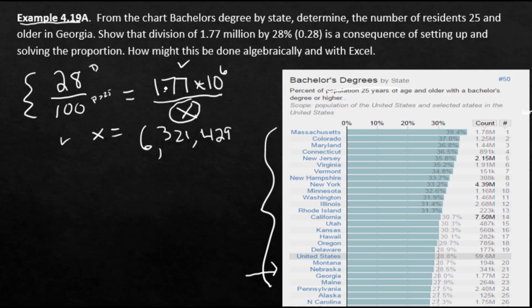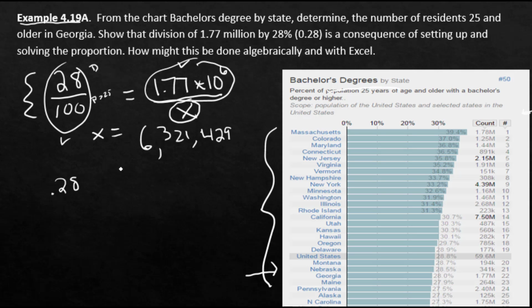And there's another way. I mean, you should know that the number of residents is going to be larger than this. And the only other number you have is this here. By the way, 28 out of 100 is 0.28.